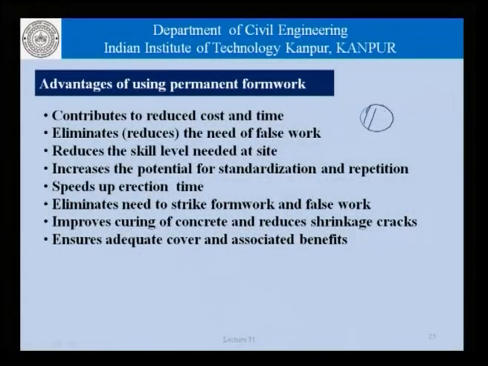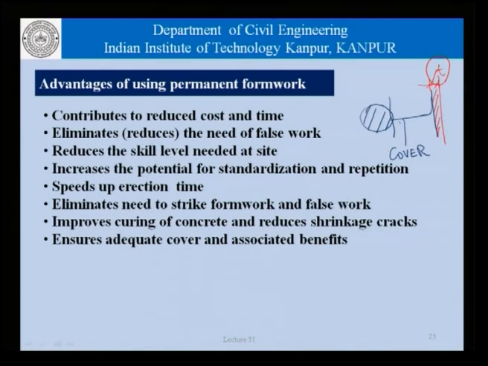Now, depending on how a designer views the cover thickness, we have a reinforcing bar here, we have normal concrete up to this point, and this is our traditional cover concrete. And if beyond this point we have a permanent formwork of a certain amount of thickness, now whether this thickness here of the permanent formwork is to be counted towards the cover thickness or not is a decision which the designer has to take.